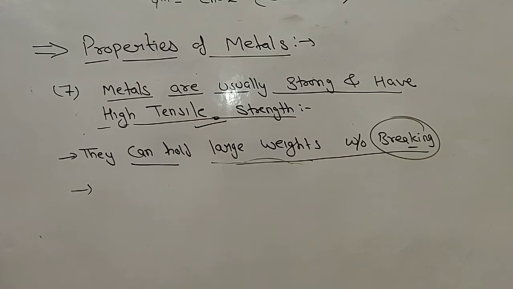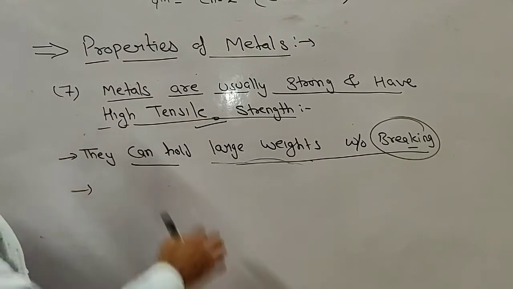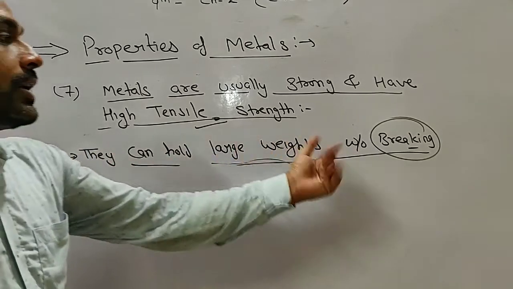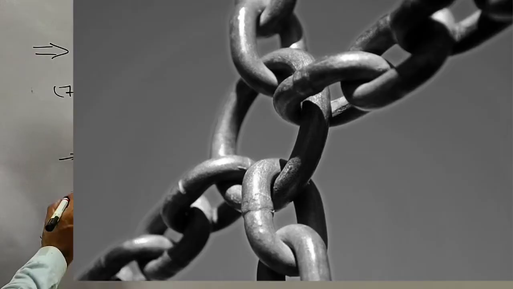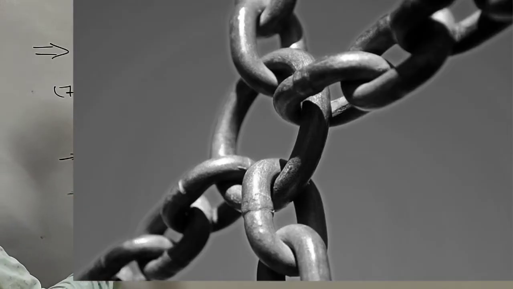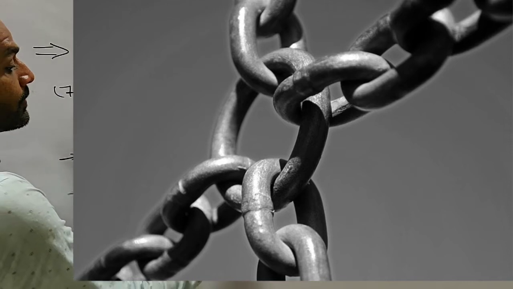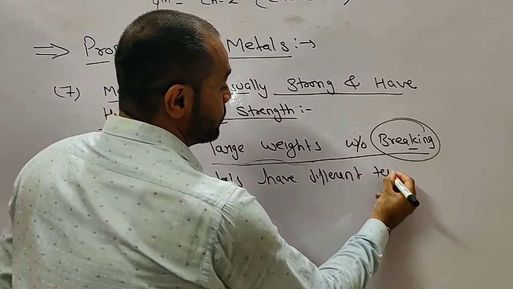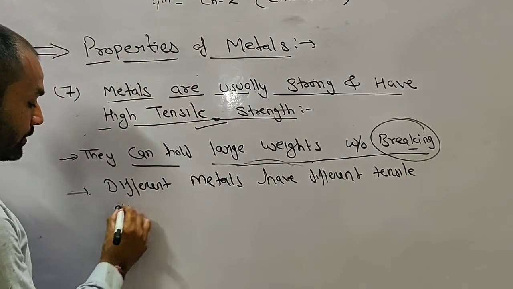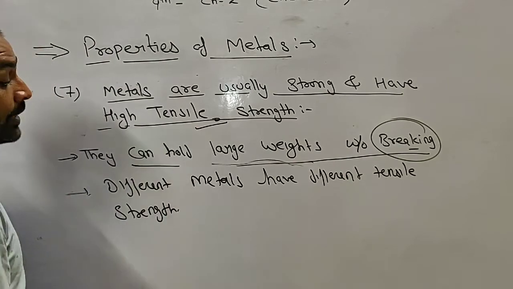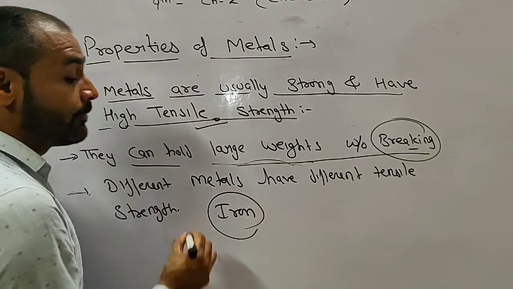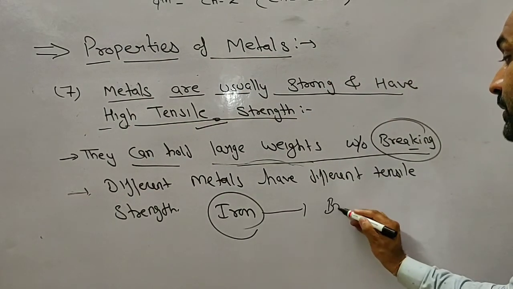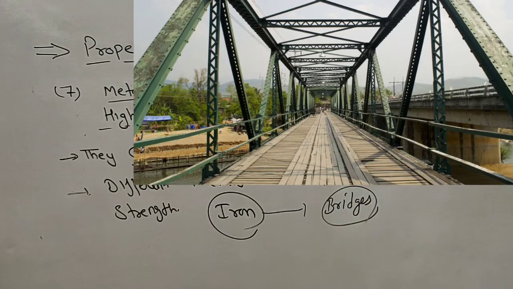So the next property is metals are usually strong and have high tensile strength. Means metals can hold large weight without breaking. Different metals have different tensile strength. Like iron has very high tensile strength. This property of iron is used for making bridges which can hold large weights.